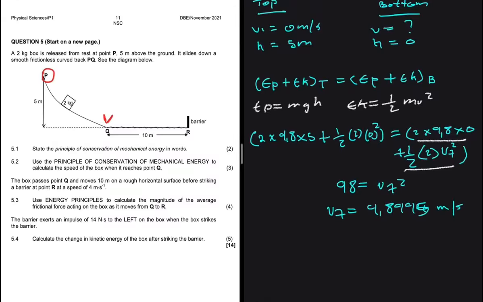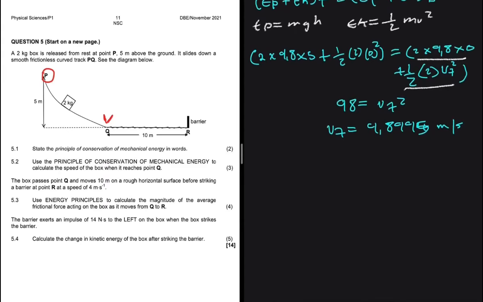The reason why we're using this equation in 5.2 and why it works is because there's no friction. So let's keep in mind that we can only use this equation when our system is isolated. Let's move ahead and go to 5.3.